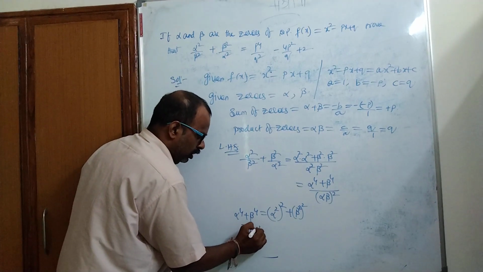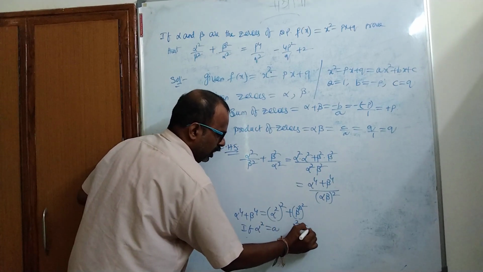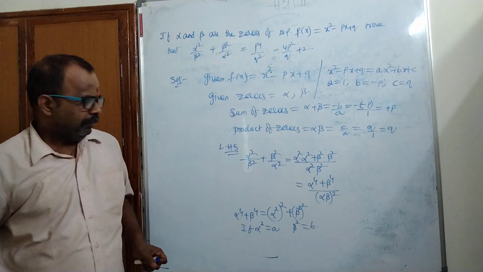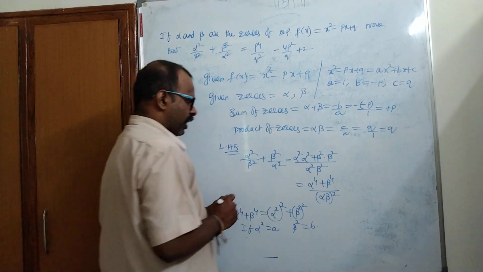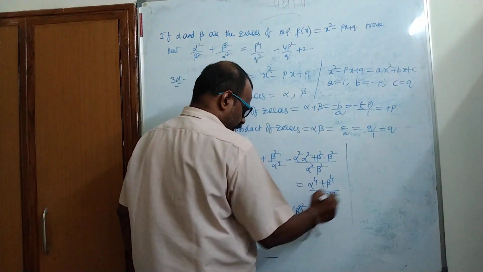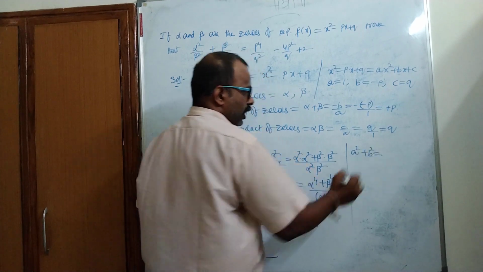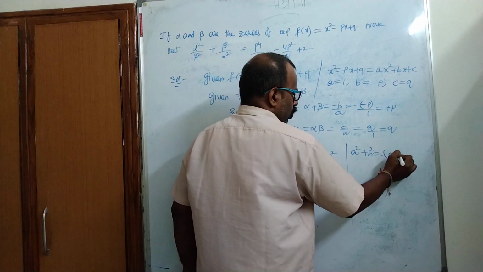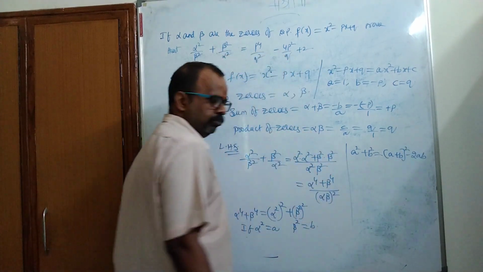Now if alpha square is equal to a and beta square is equal to b, then a square plus b square is equal to a plus b whole square minus 2ab.